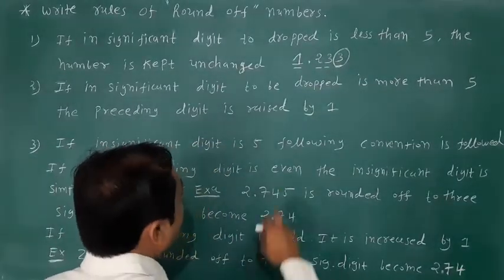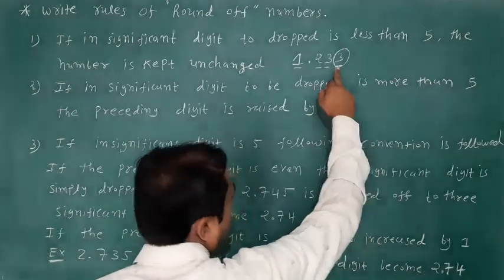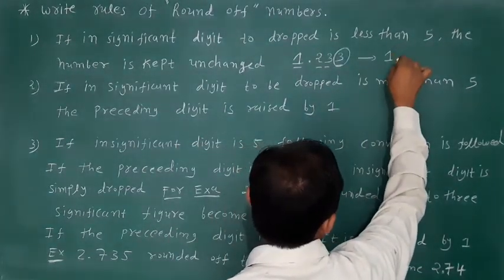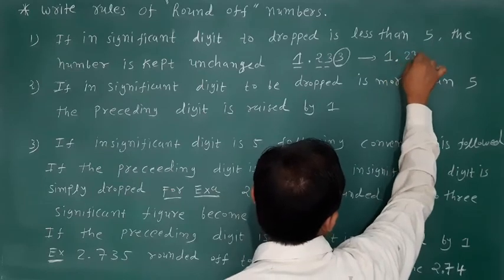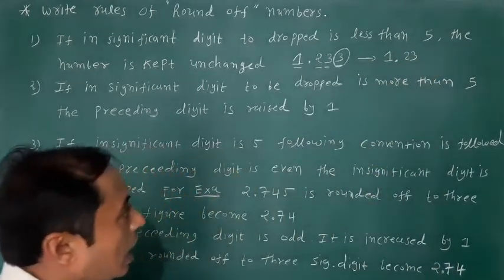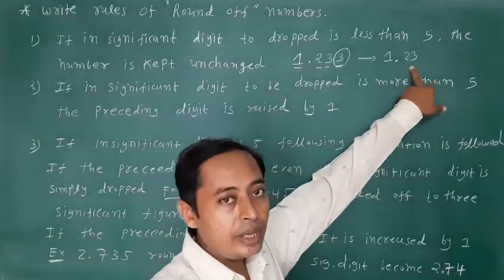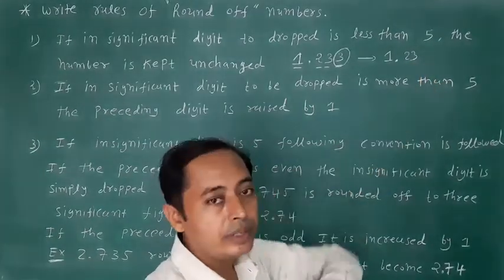So suppose now we remove this number. So here we write down 1.23.